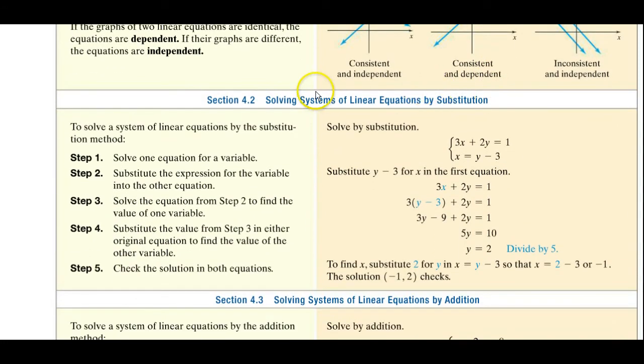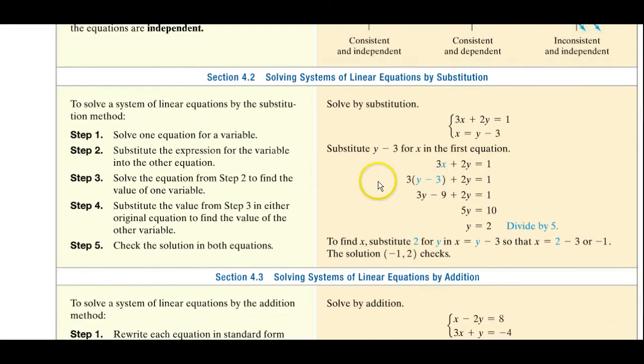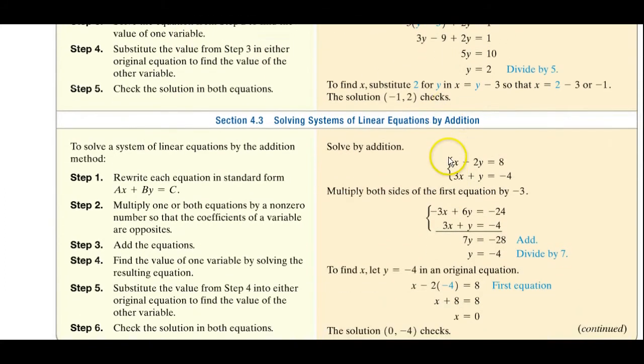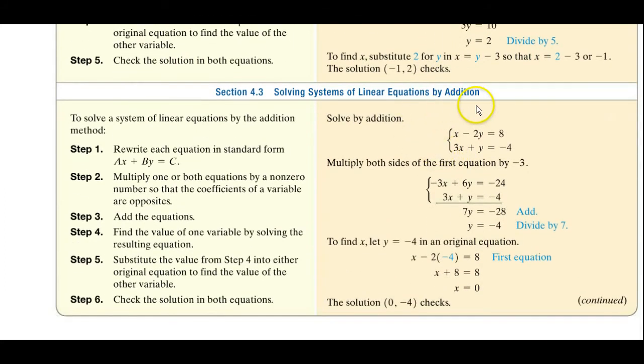Okay, and then we studied the system of solving equations by substitution, where we have solved for one letter, then put this other value into the equations. And here's a summary of the steps. Then we did elimination, which can also be called addition.